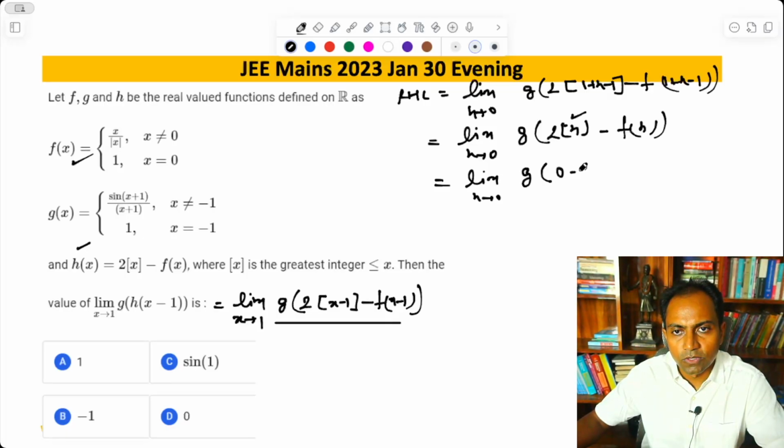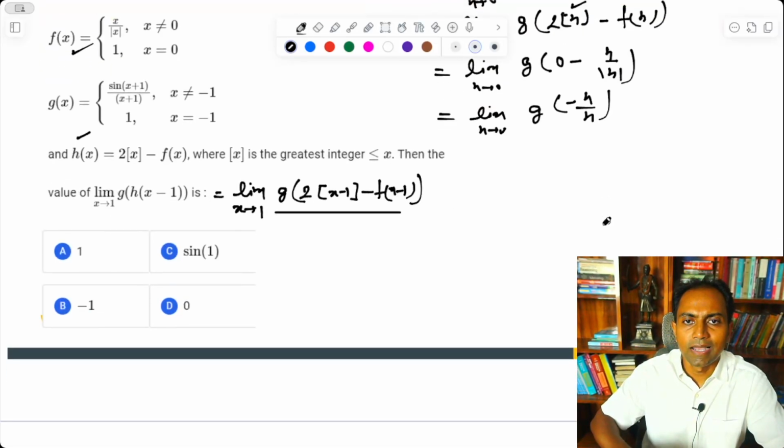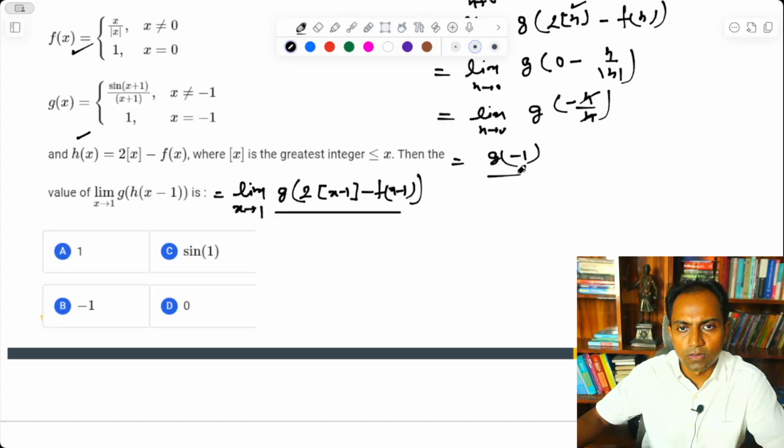This part becomes 0, and f of h, we can write it from here as h by h. And if you do it like this, this h will get cancelled out, g of minus 1. Now g of minus 1 from this part you can figure out would be equal to 1. If I do that, the answer of this question comes out to be 1.